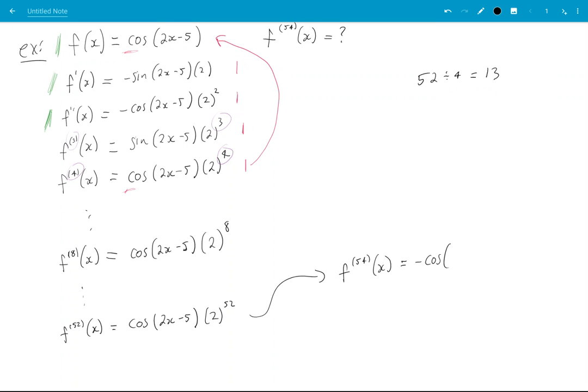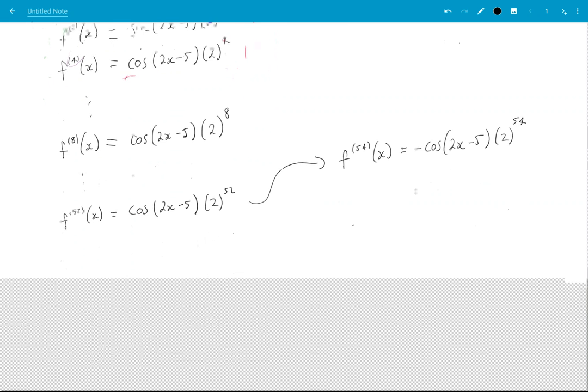So just recognizing the pattern here, 2 to the power of 54. Okay, that seems right to me. Let's just double check to see what the answer sheet says. Yeah, good. Okay, next example.